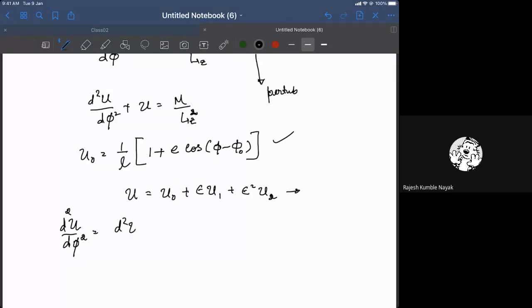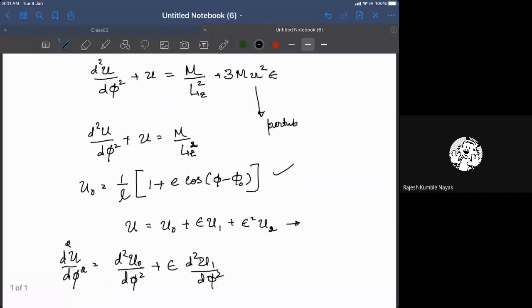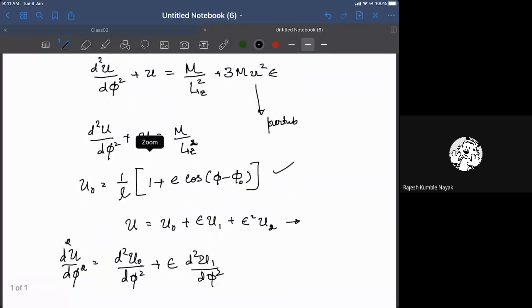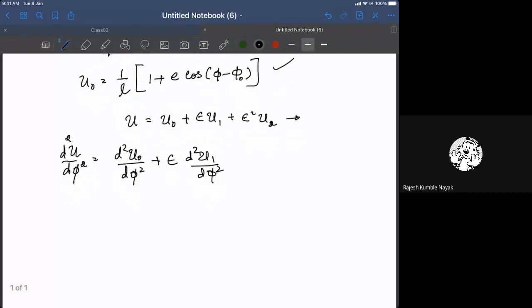So you get d square u naught by d phi square plus epsilon times d square u1 by d phi square. So that is the main equation. And then this is the u term, there is no problem. And then the next term we have to write more carefully.